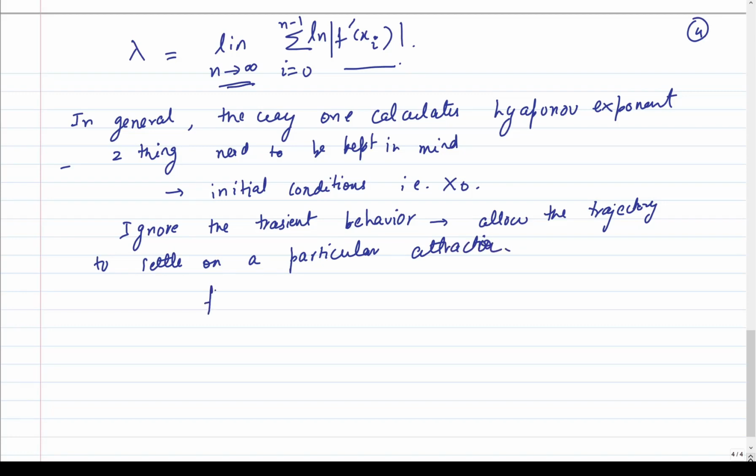So for that, we ignore the first, let's say, L iterations.